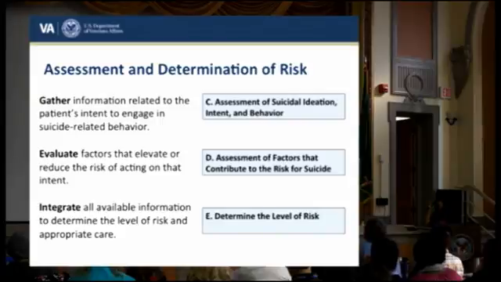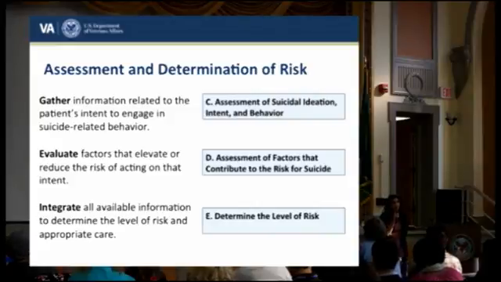These different modules that you'll see on the right, or annotations, are sections of the CPG that reflect these practices. First, starting with assessment of suicidal ideation, intent, and behavior. That's some of the most critical information that we want to gather, and those are specific indicators of suicide risk. Then there are things we want to consider that help us determine someone's level of risk that are not specific questions about suicide.